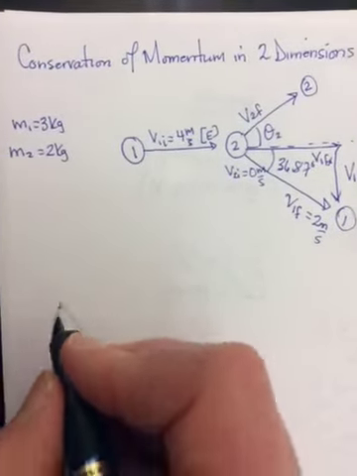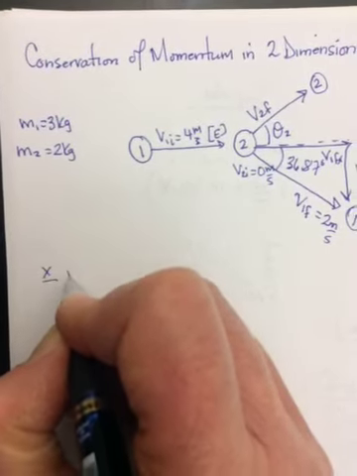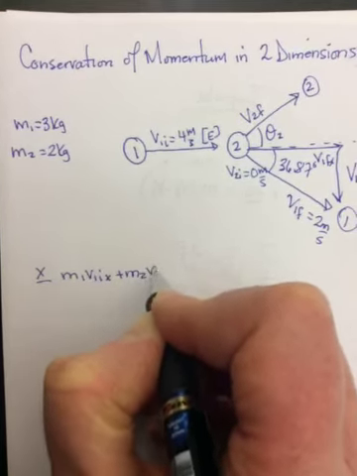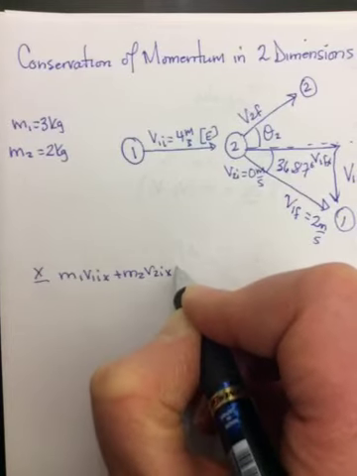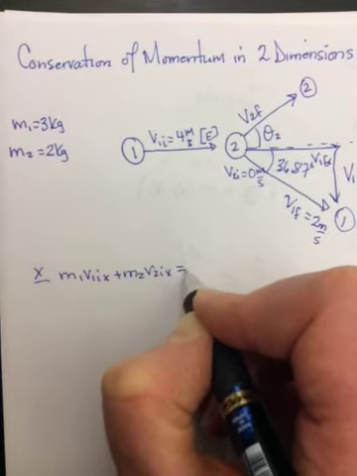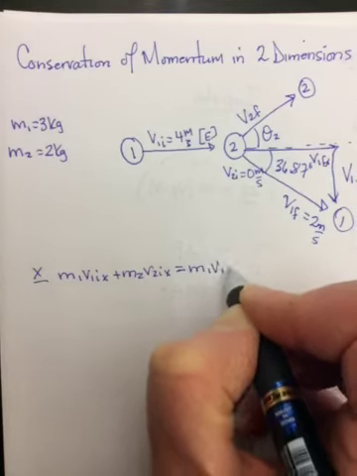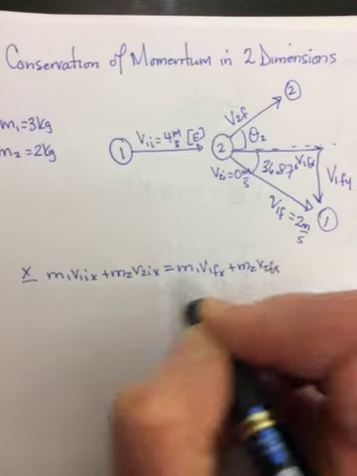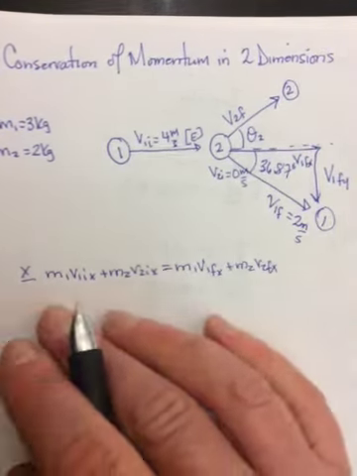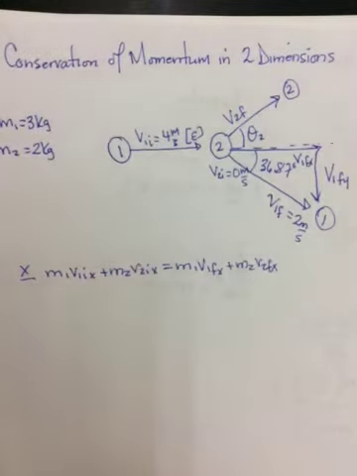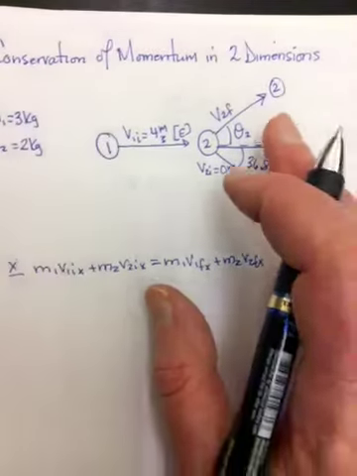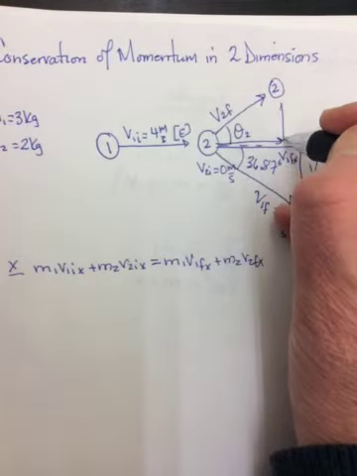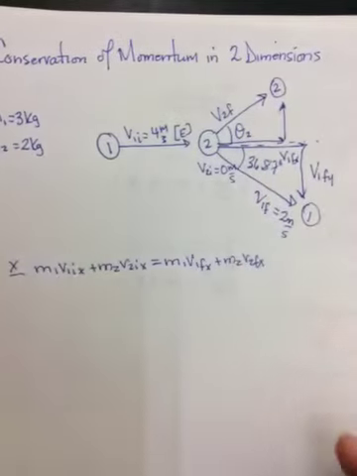And the conservation of momentum becomes, in the x direction, m1v1 initial x, plus m2v2 initial x, plus dot dot dot if there were more, is equal to m1v1 final x, plus m2v2 final x. So you're going to apply the law of conservation of momentum in the x direction, and then you're going to apply it in the y direction to get the 2 components that you're missing.